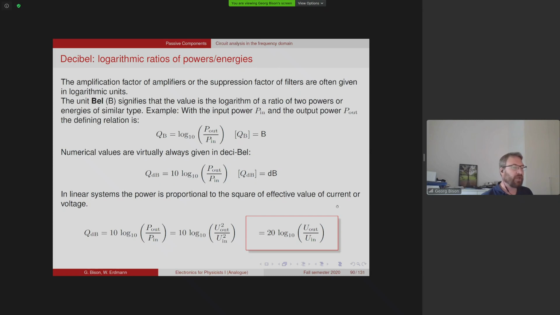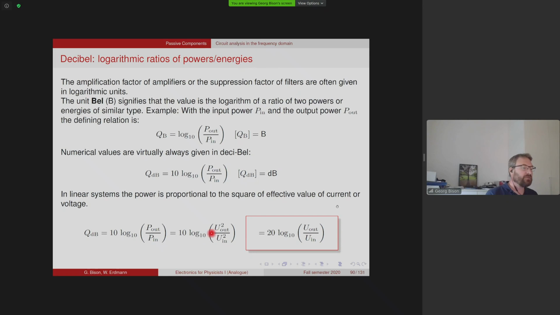And for voltage or current-like signals, for amplitudes, we can replace this power here. We've seen that there is a scaling factor between power and voltage squared, or power and current squared. Depending on the circuit, it must be some kind of resistor. But since it's the same scaling factor on top and on bottom, it drops out. So this is what I mean when I say it must be 2 powers of similar type.